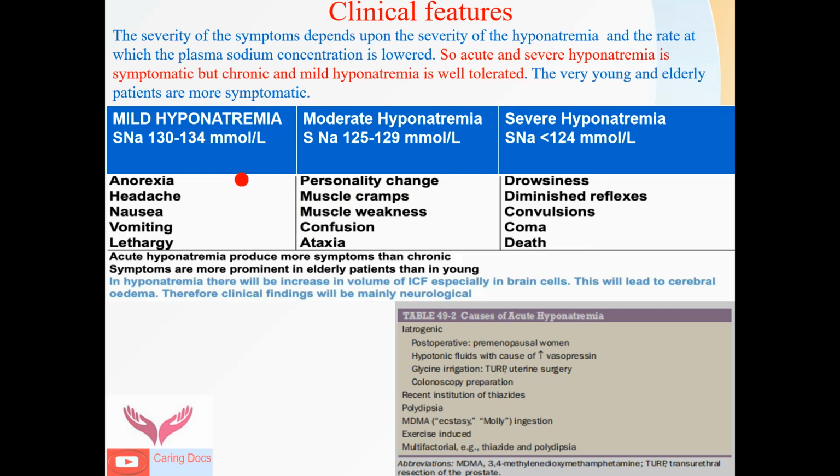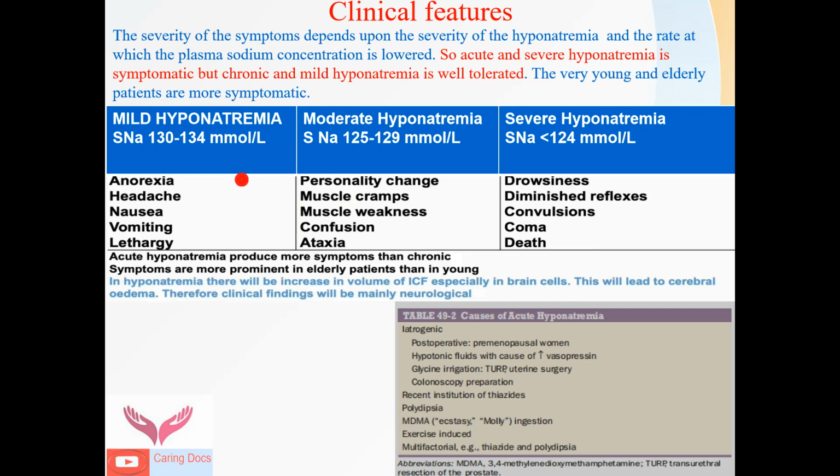Patients with moderate hyponatremia will have a personality change, abnormal behavior, muscle cramps, muscle weakness, and ataxic gait. And those patients in whom the serum sodium level falls below 125, or patients with severe hyponatremia, will be brought in a drowsy state, will have diminished reflexes, and may present with convulsion, coma, and even death.